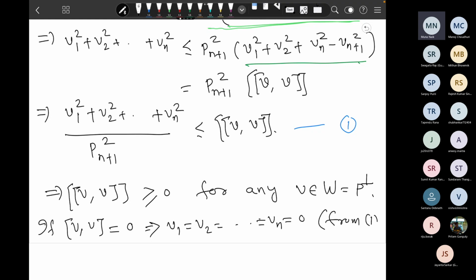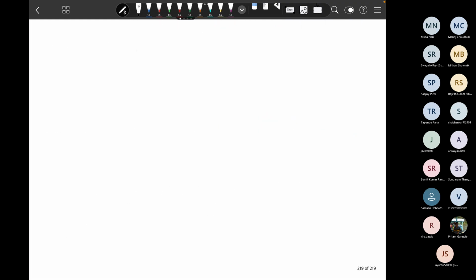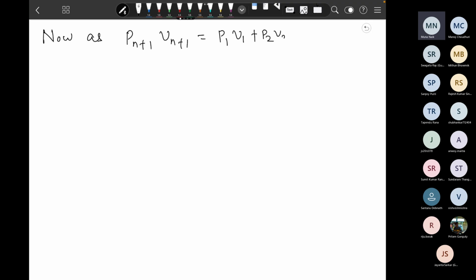Now as Pn plus 1 Vn plus 1 is equal to P1 V1 plus P2 V2 plus Pn Vn, and V1, V2, Vn are all 0, this implies Vn plus 1 is equal to 0, as Pn plus 1 is not equal to 0.